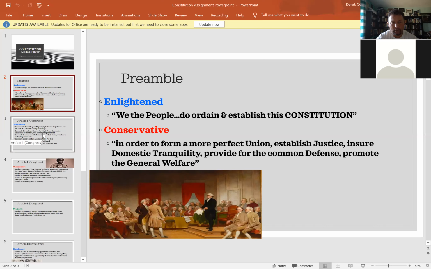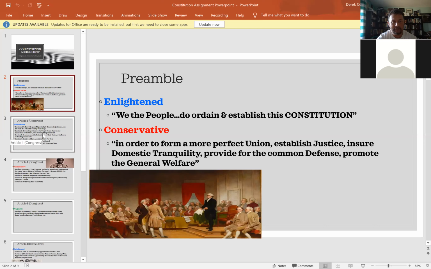So when you look at our different branches, right, you have Congress, which is comprised of the lower house of the House of Representatives and the upper house of the Senate. That's the legislature. They legislate, they write and make laws, right, and pass the laws. Then they have a chief executive in the form of the president who executes or carries out the execution of those laws, the president, vice president, and his or her cabinet.